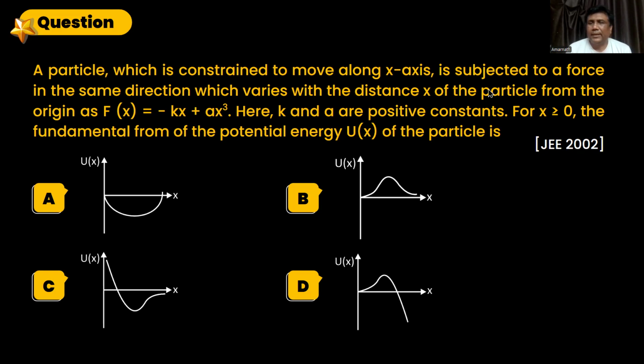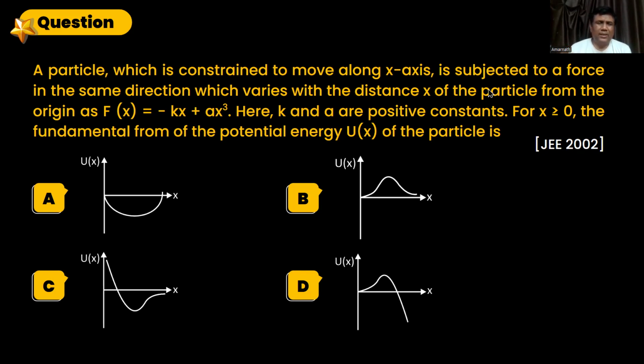It is subjected to a force in the same direction which varies with distance x of the particle from the origin, F(x). That force is given like this: F equals minus kx plus ax cube, where k and a are positive constants, and for x greater than 0, meaning for the positive quadrant, the fundamental form of the potential energy U(x) of the particle is.